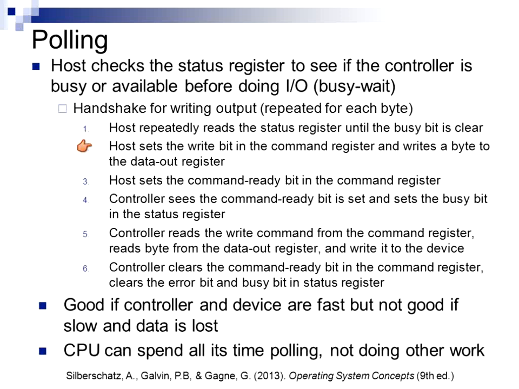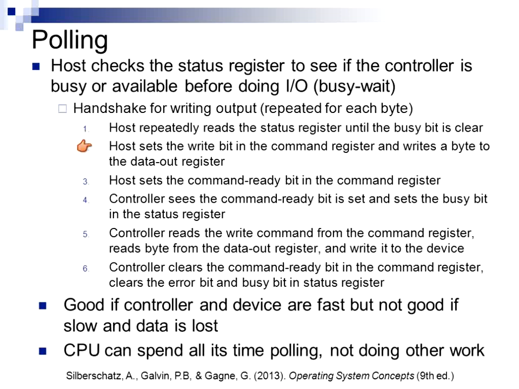When the controller's not busy, the host will say, okay, I want to write something, so it'll set the write bit in the command register and write a byte out to the data out register, if we're going to write to this drive. It would be the opposite if we were reading from the drive.